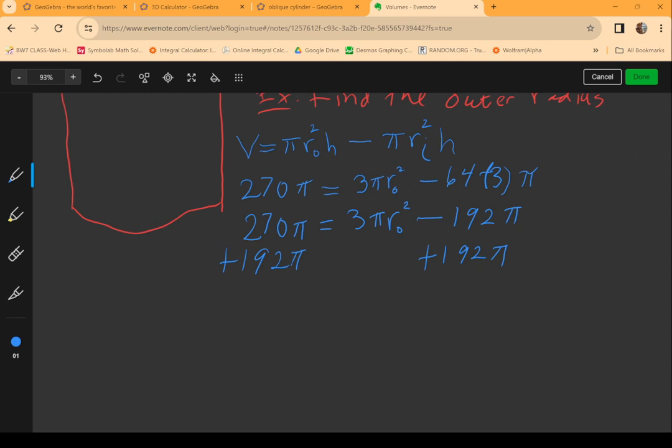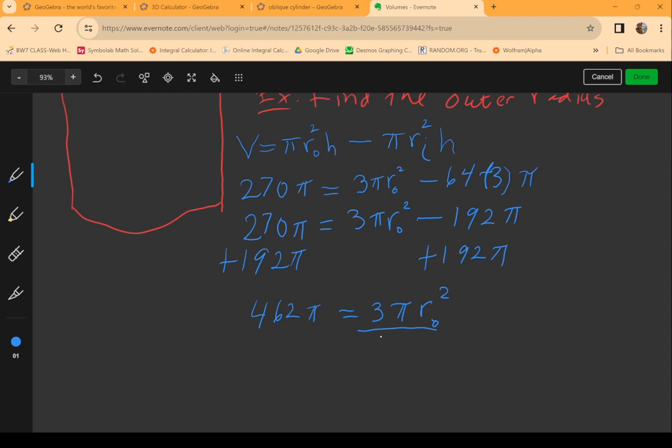The x stays x, it's not x squared when we add. It's a like term, so it stays pi, not pi squared. So just keep that in mind. So it's 462 pi is equal to 3 pi r outer squared. Getting closer to solving it.